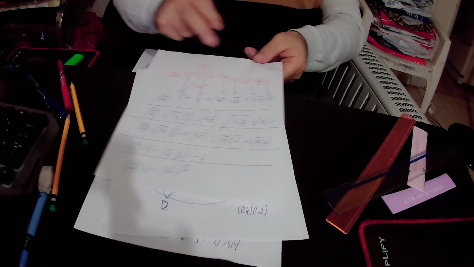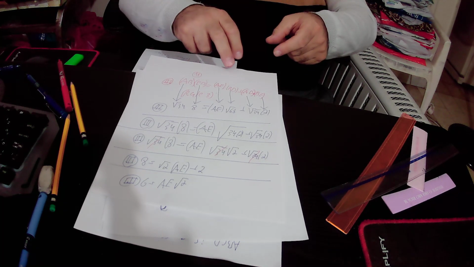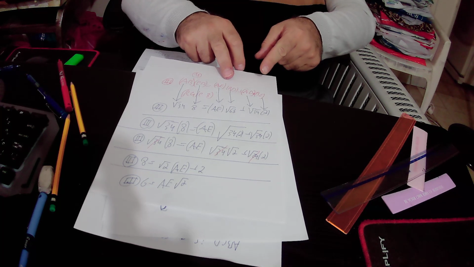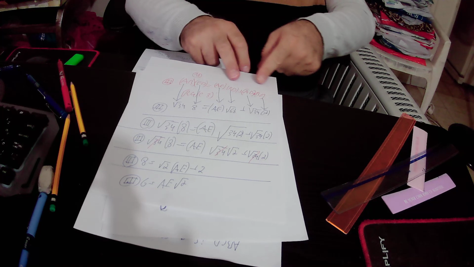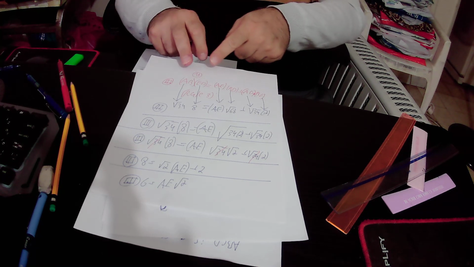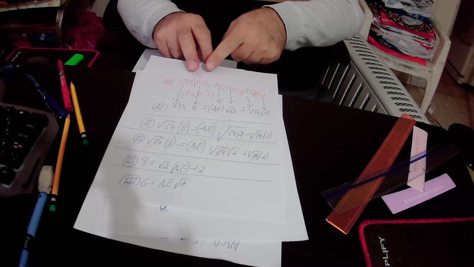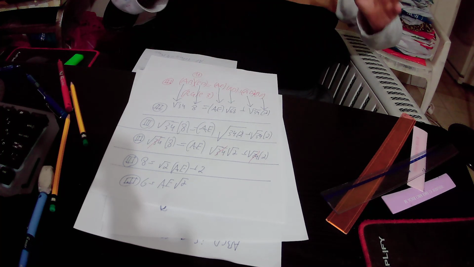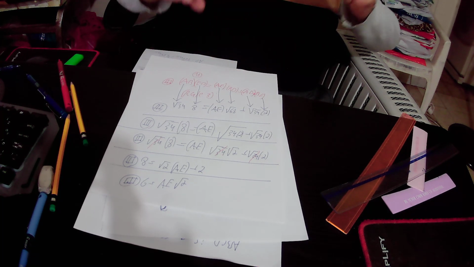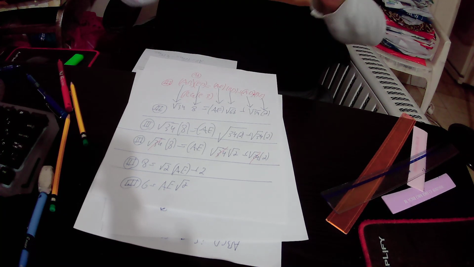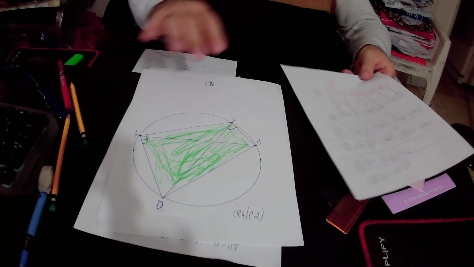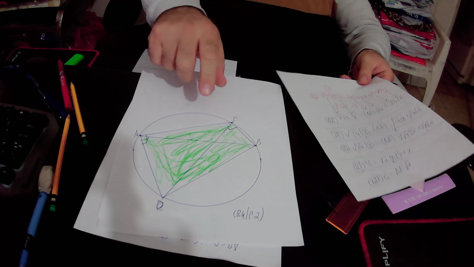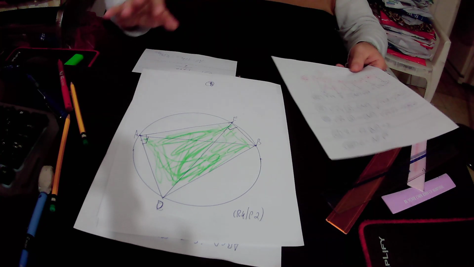The sum of the products of its opposite sides is product number 1 plus product number 2, and that equals the product of the diagonals, AB times ED. So equation number 3 is the implementation of rule number 3 in our drawing.